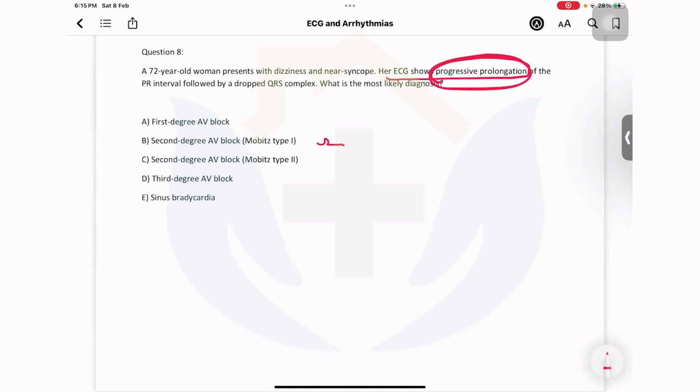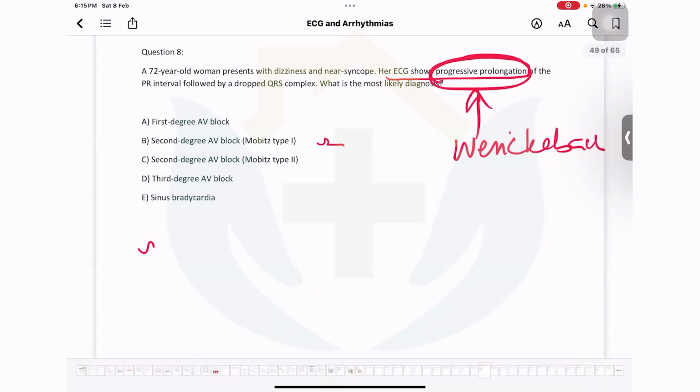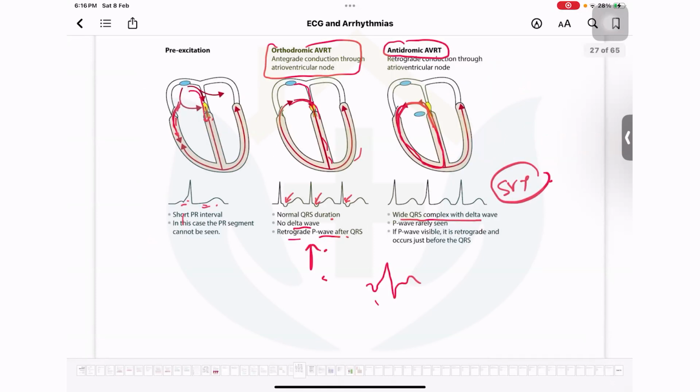When the word progressive comes, what is it? Type 1, sir. Wenckebach phenomenon. But a drop is there. Eventually it will drop. I'll take you to the ECG.